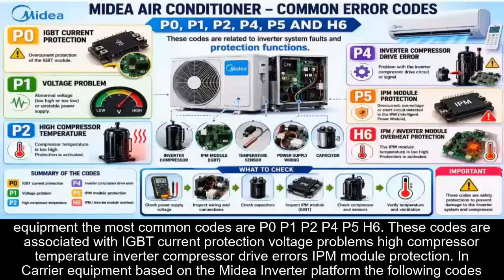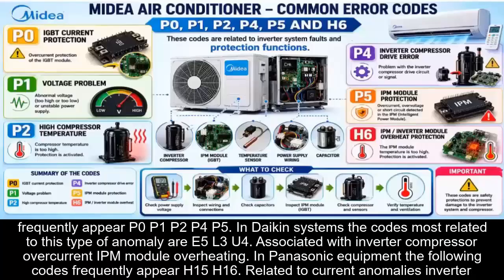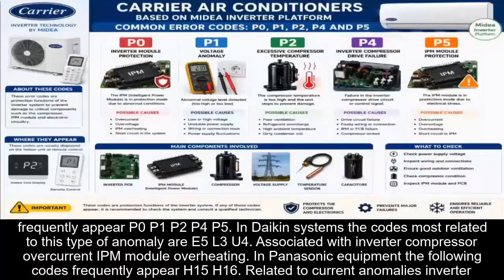These codes are associated with IGBT current protection, voltage problems, high compressor temperature, inverter compressor drive errors, IPM module protection. In Carrier equipment based on the Midea inverter platform, the following codes frequently appear: P0, P1, P2, P4, P5.